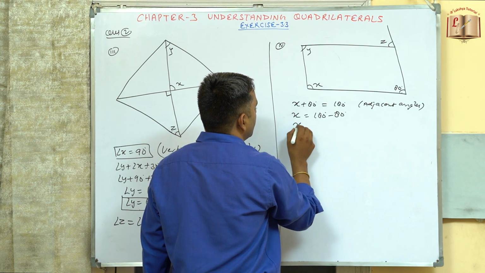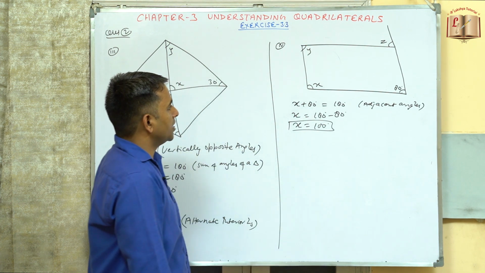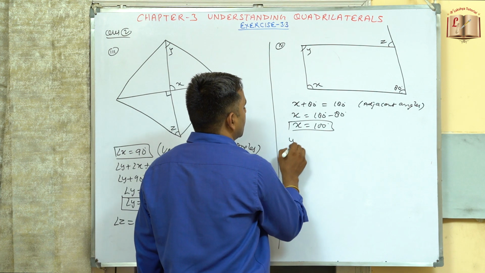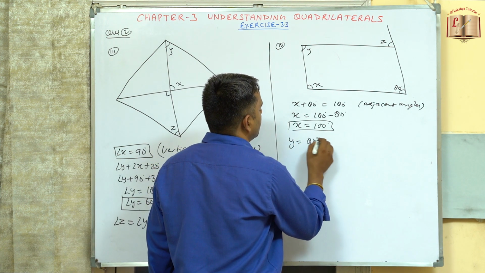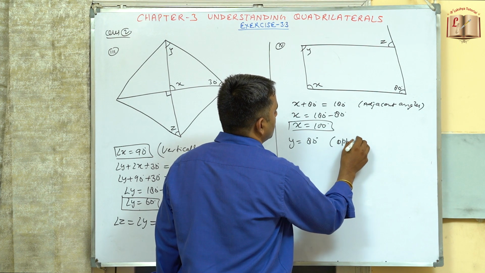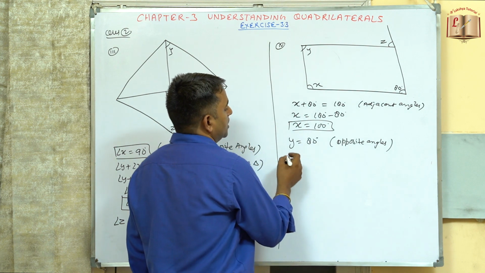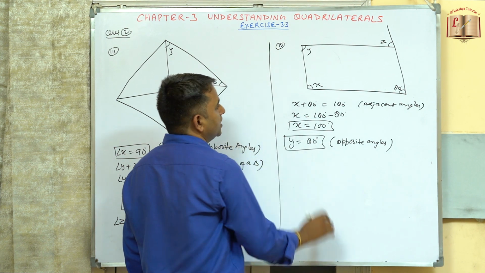So angle x will be equal to 100 degree. Similarly, we will find angle y. So angle y will be equal to 80 degree because they are opposite angles.